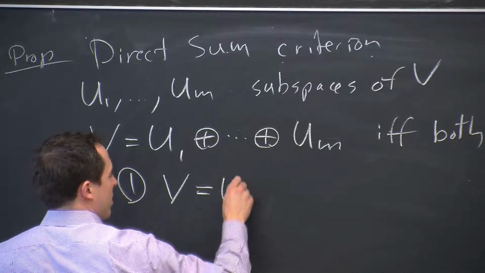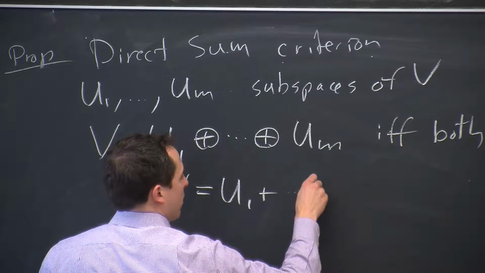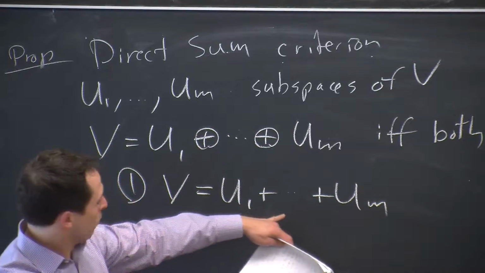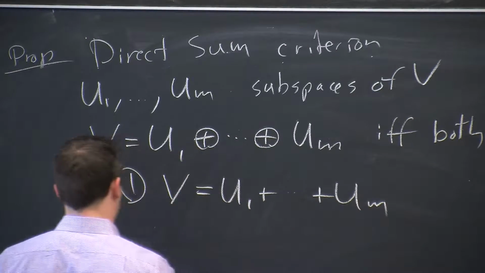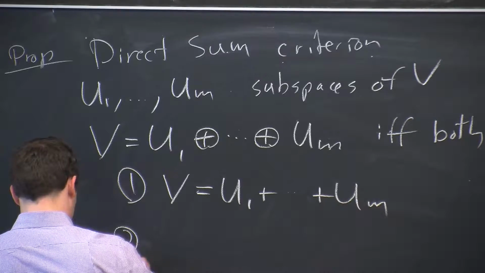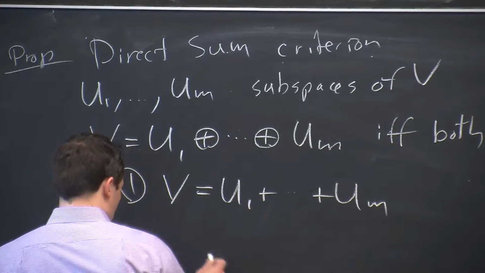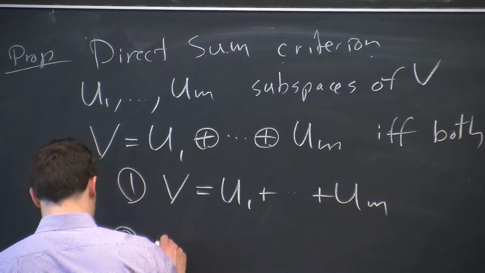first of all, V was the sum. That is, every element in V could be expressed as a sum of elements, one from each subspace. And two, there was a unique expression for 0.